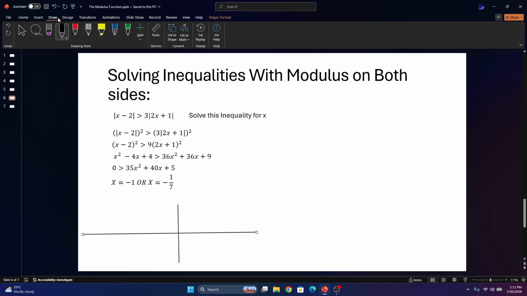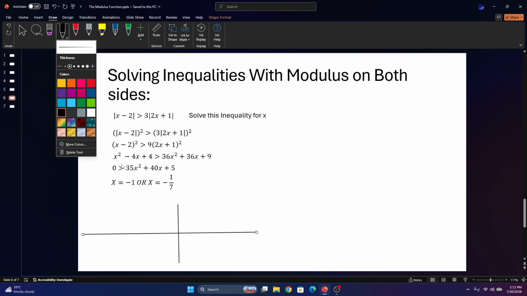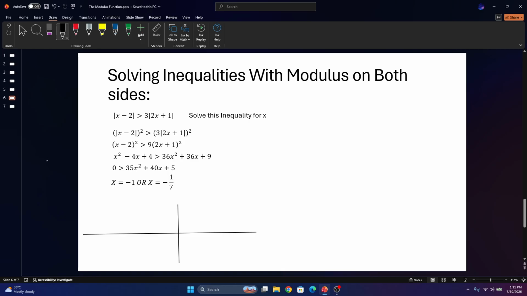Now that we have both of the roots of the equation, we are going to draw a curve like this. We look at this expression and see that the coefficient of x squared is positive, so we know it's going to be an upward U graph like this. We're just going to draw this quadratic graph and label the roots.